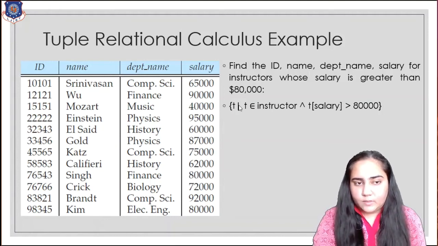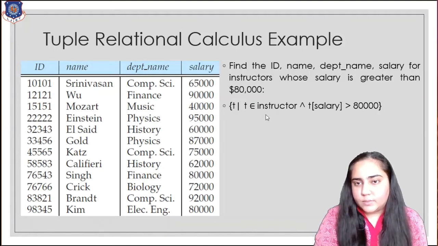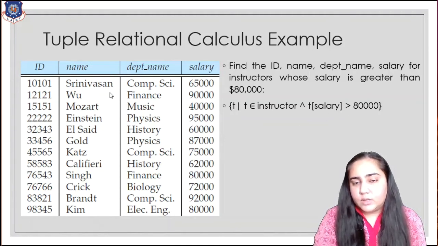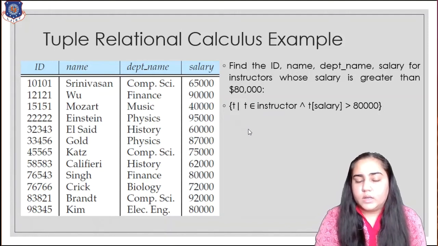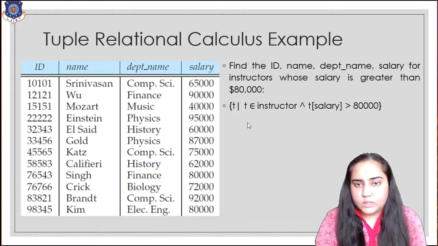And once again, the first condition is satisfied because T does belong to instructor. And also the second condition, which is T of salary greater than 80,000, is also satisfied because the salary is 90,000. So the second row is produced in the result.